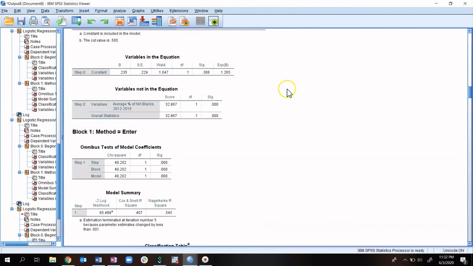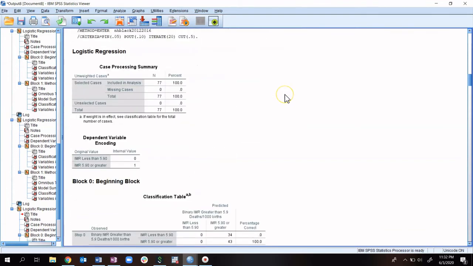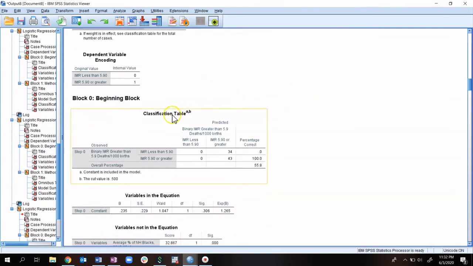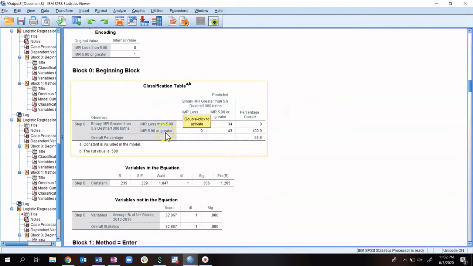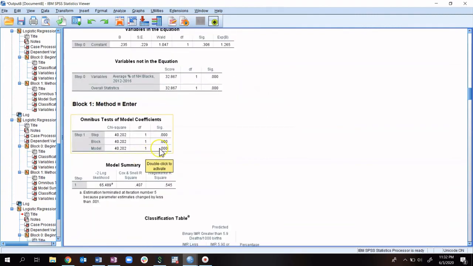Okay, so the second of our variables, the percent of non-Hispanic blacks in a community area. Again, the first part of the logistic output we don't care about. It's everything in block 0, right? Whatever, we don't care.